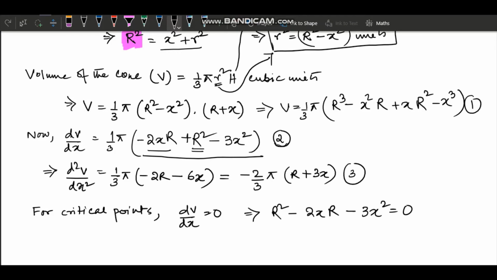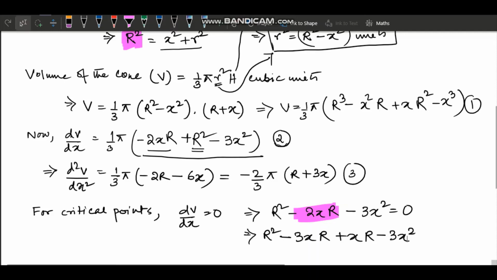This is a quadratic equation and we can factorize this. You see, the product of the first and the third term is minus 3x square r square. So we can write the middle term as minus 3xr plus xr, right? So this becomes r square minus 3xr plus xr minus 3x square.